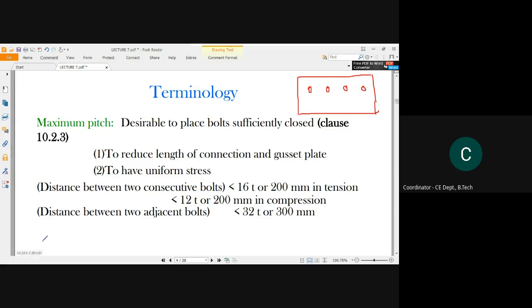Okay, so the distance between two consecutive bolts should be less than 16T or 200 millimeter in tension, and less than 12T or 200 millimeter in compression. So what does that mean? The maximum pitch is the distance between two consecutive bolts.